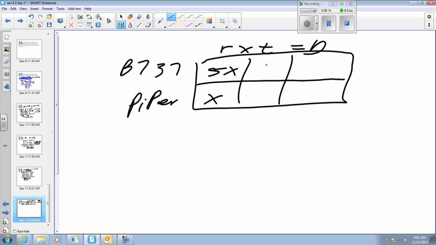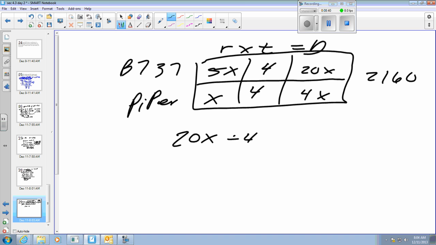In 4 hours, so my time is 4 hours, they are that far apart. So let's find the distances, add them together, and we will get 2,160. So this one's 20x. And this one is 4x. So since they're going in opposite directions, we would add them together. If they go the same direction, we would subtract them. So 20x plus 4x equals 2160.